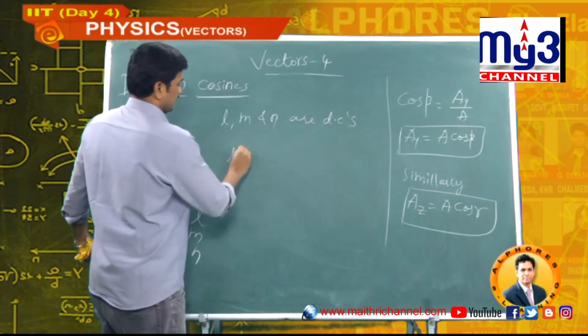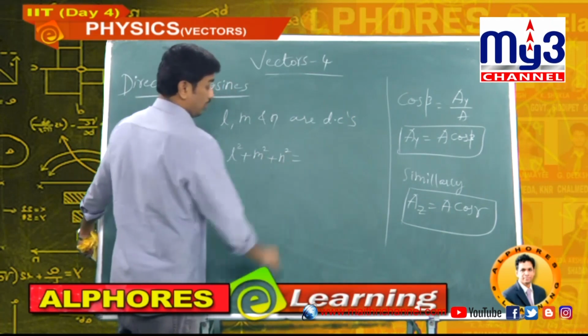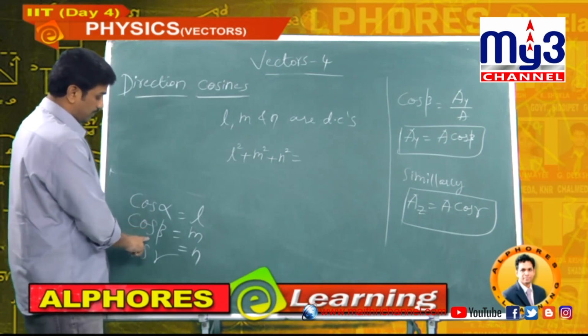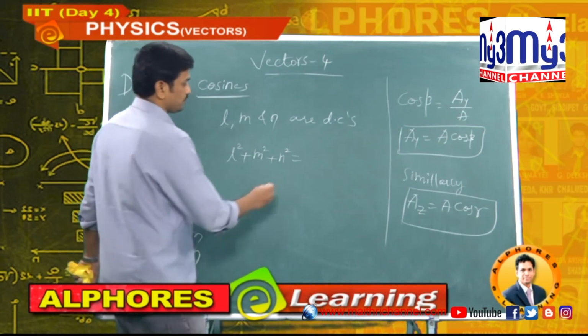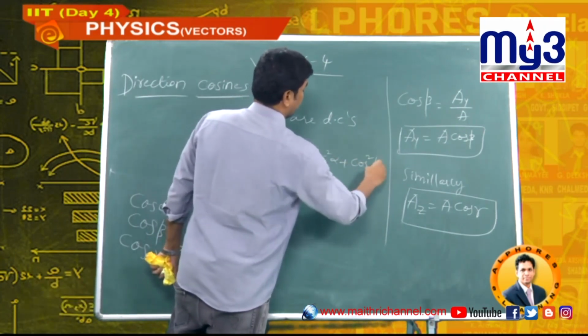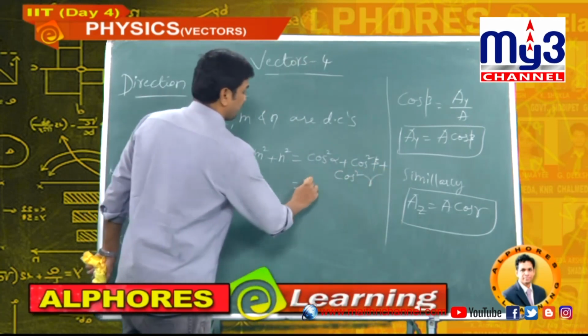Now l square plus m square plus n square is equal to how much? Cos square alpha plus cos square beta plus cos square gamma. What is the value of this?